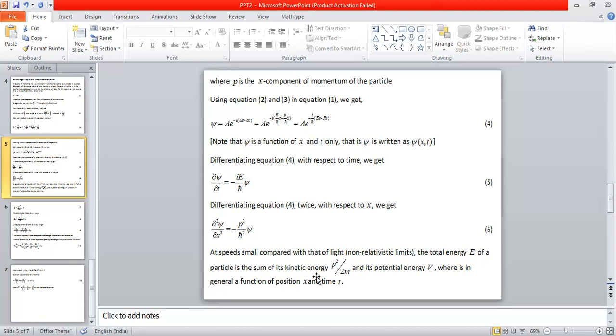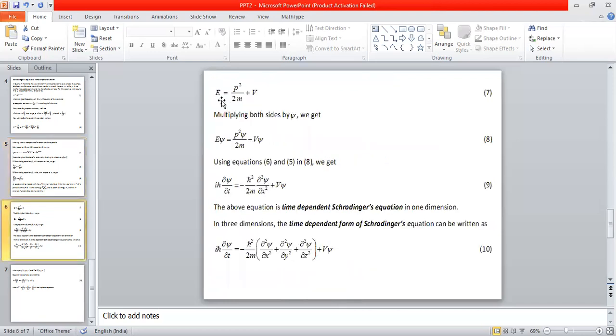The expression for kinetic energy is p square by 2m, and for potential energy, let us write it as V. So the total energy of the particle E under the non-relativistic limit is simply the sum of kinetic energy p square by 2m and potential energy V. And the potential energy V in general can be a function of both x and t, just like the wave function psi is a function of x and t. So we can write the total energy of the particle as E equal to p square by 2m plus V. Now this is equation 7.